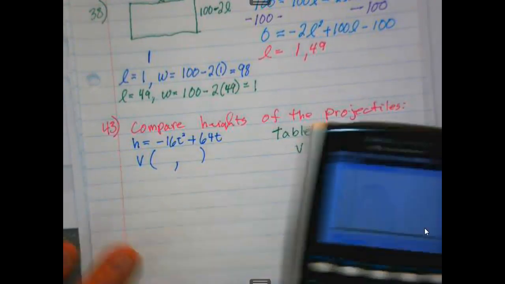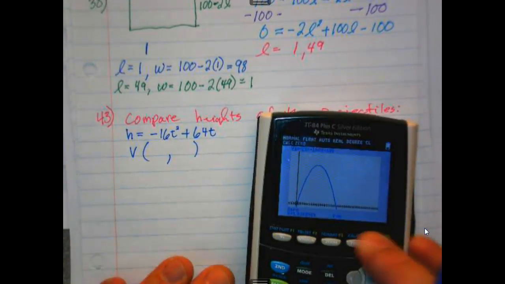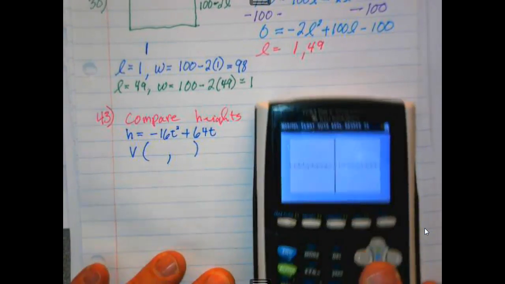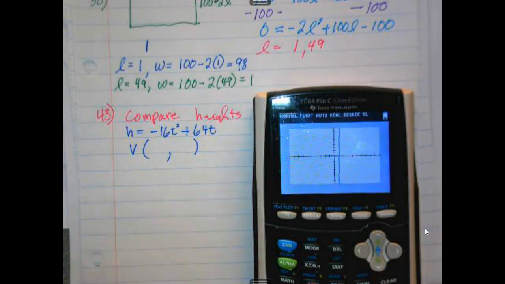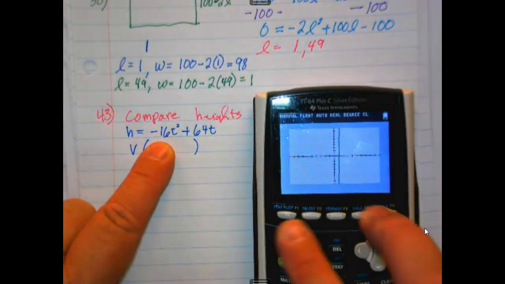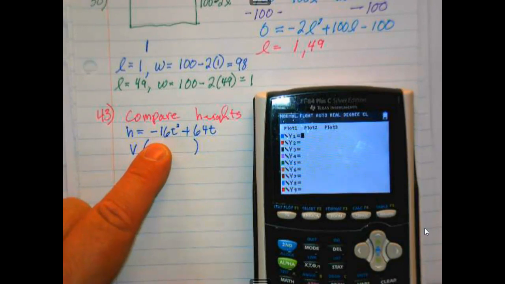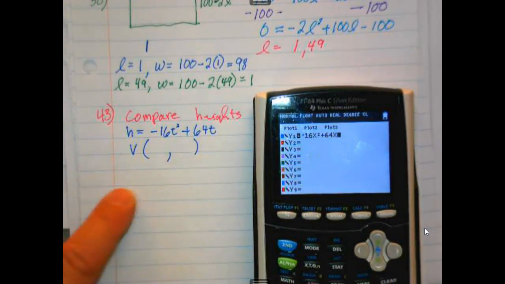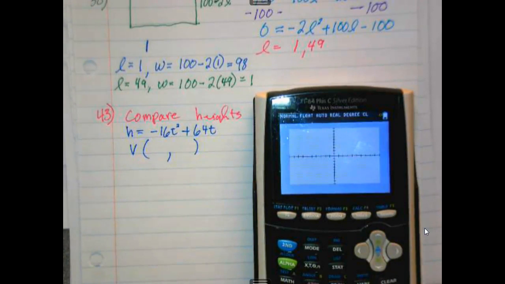And to do that, we need to graph the parabola. I'm going to go back to my standard graph. I'm going to put in negative 16t squared plus 64t, hit graph, and I'm going to go to our chart to see if I can pick up the numbers from my chart, my vertex.